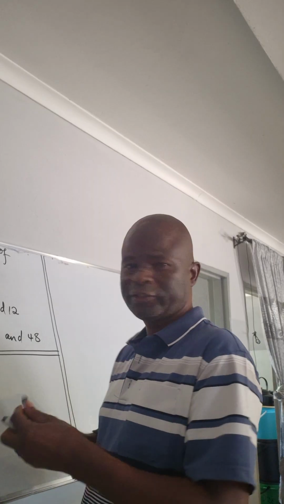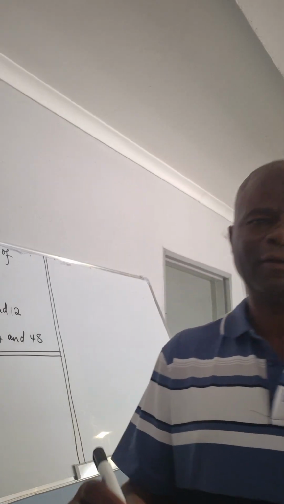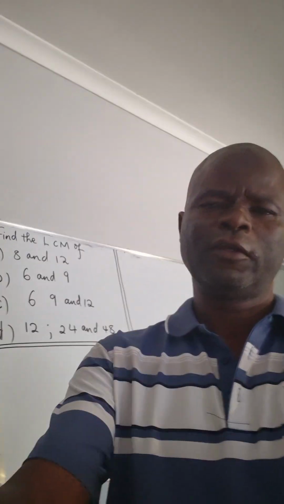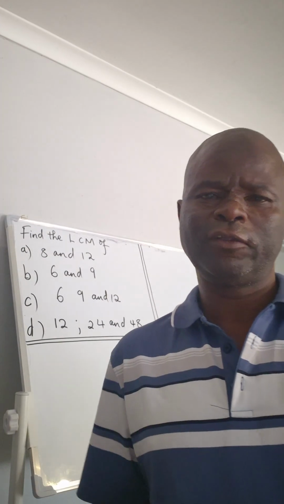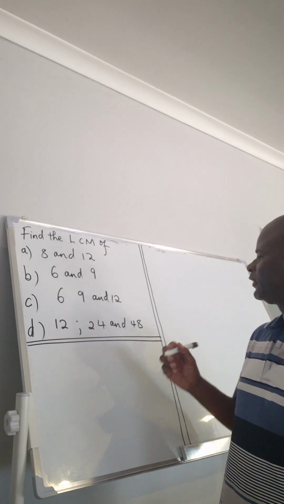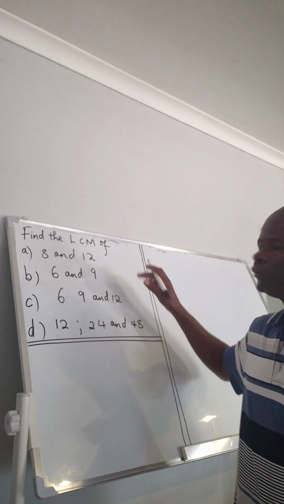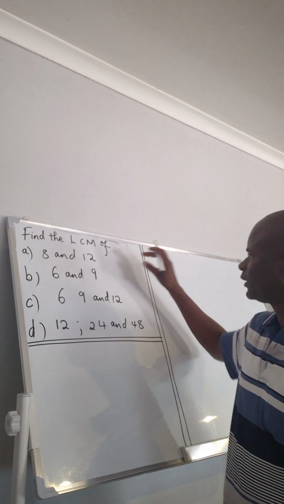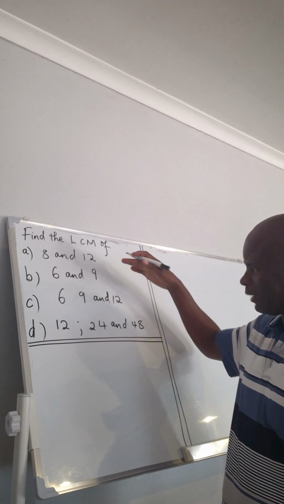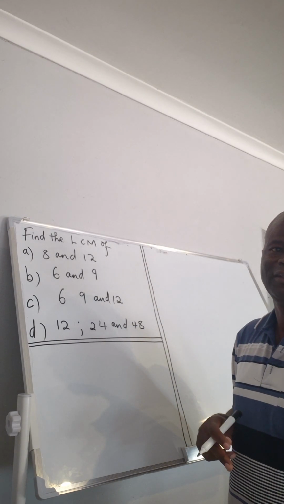One of the viewers asked a question about lowest common multiple. We must know the difference between highest common factor and lowest common multiple. When we talk of a factor, we are talking about a number that divides another number.